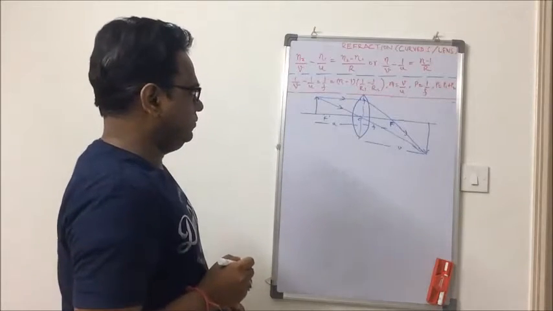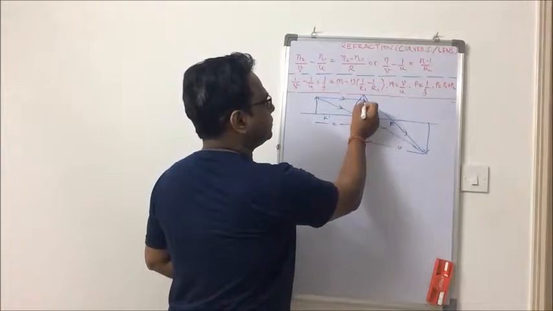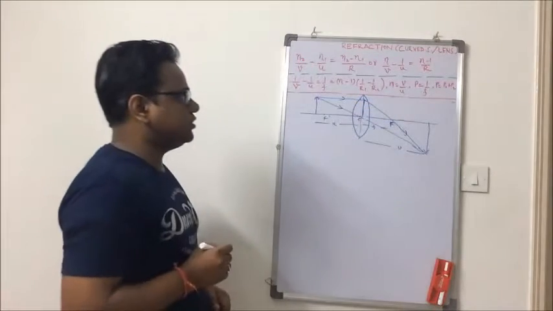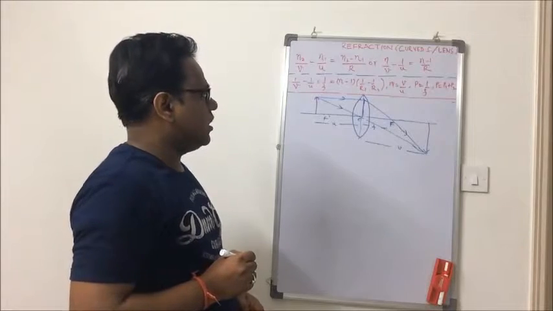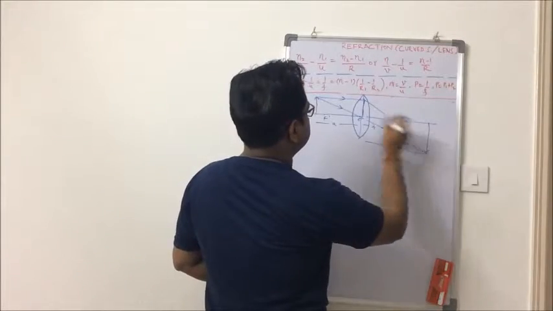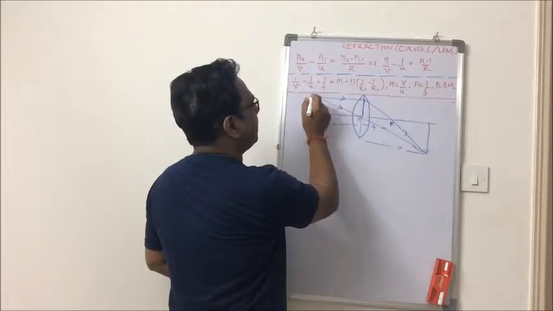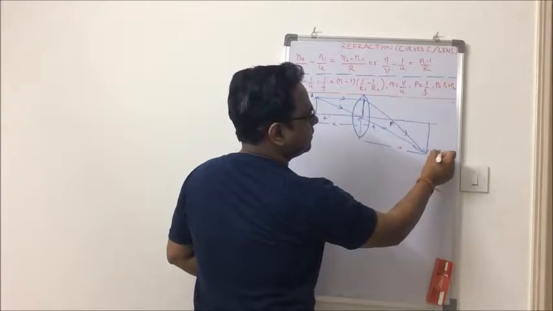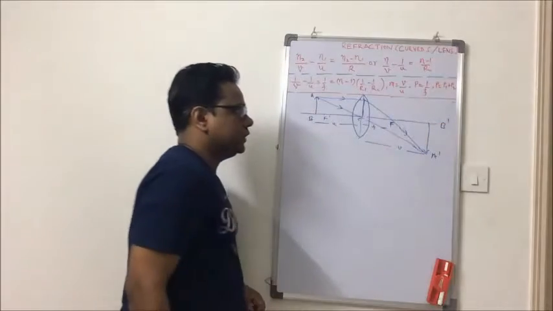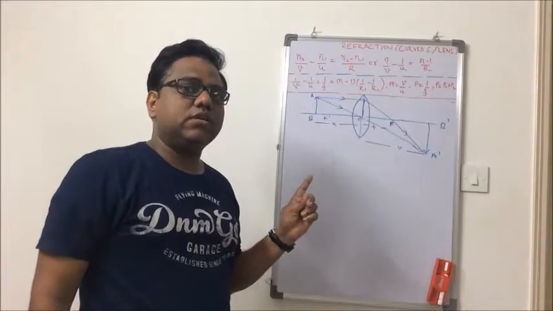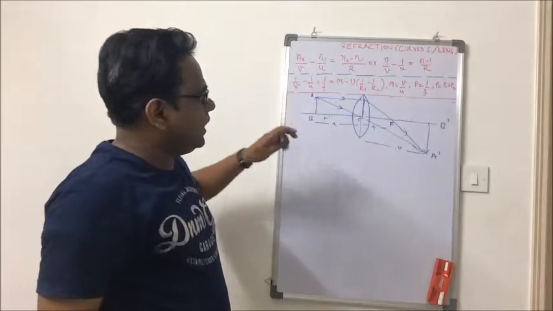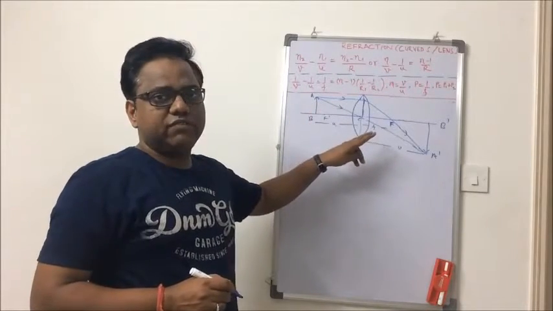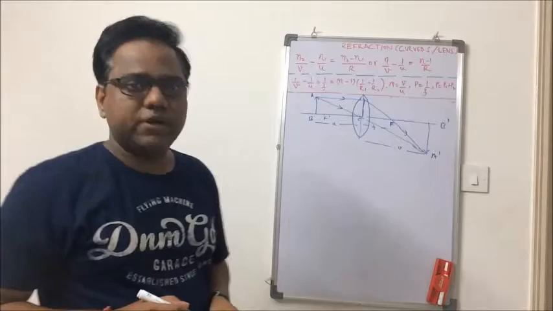So what we need to do here is imagine two triangles. Let's say this is your AB and this is your A dash B dash. Similar to what we discussed in mirrors, we will use the property of similar triangles.